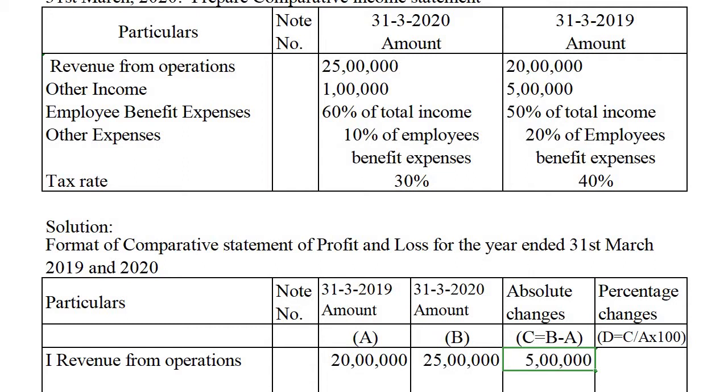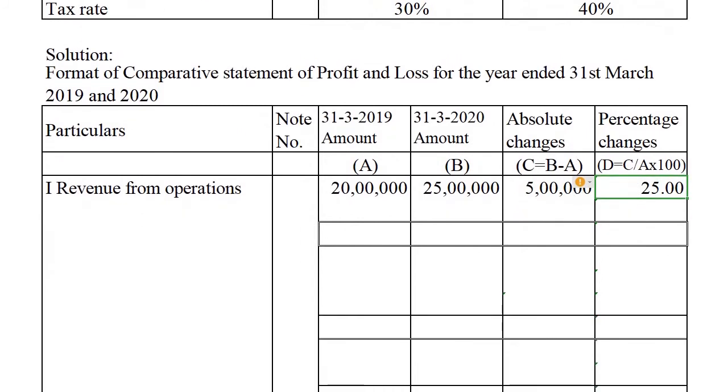It is a positive change because current year it increases. So percentage change will be, what is obtained in column C, that is total change divided by base year amount into 100. That means 5 lakh divided by 20 lakh into 100. So the percentage we get is 25%.